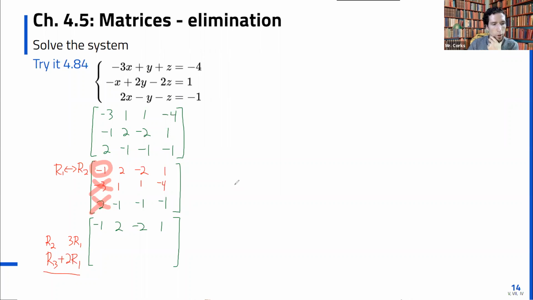Subtracting. Because in row 1 here, we have a -1. So -3 minus 3 times -1, that will give us -3 plus 3, that's the 0. So that's how we'll eliminate there.